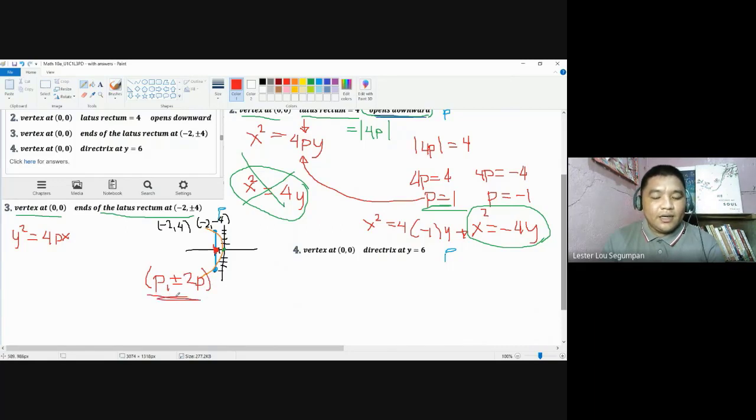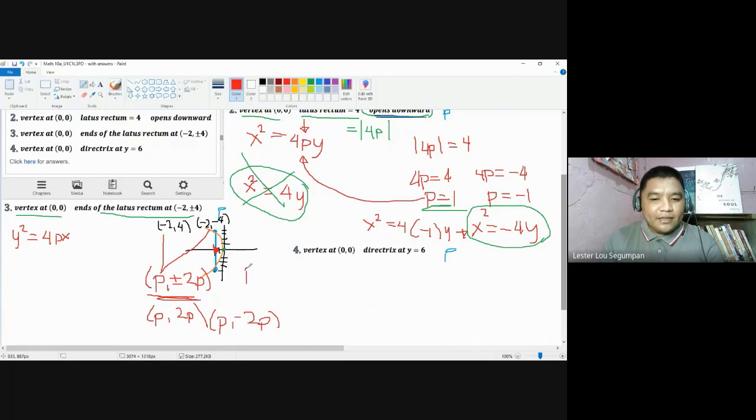This is the ends of the latus rectum if the parabola opens sidewards. If we compare this to the value, p is -2. Look at this one. We have p, plus or minus. If we break it, you have p, positive 2p, and you have here p and negative 2p. If we compare the two here, look at what happened.